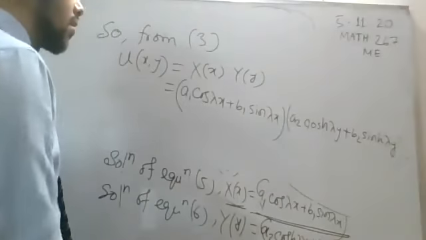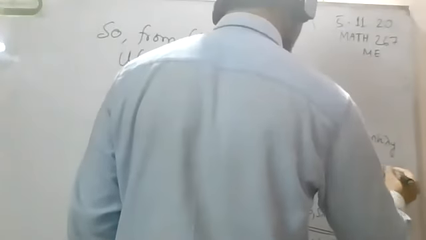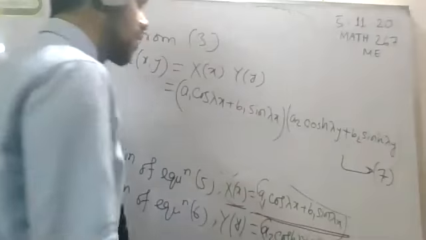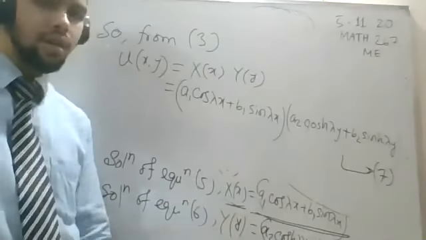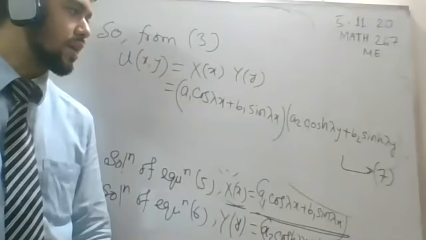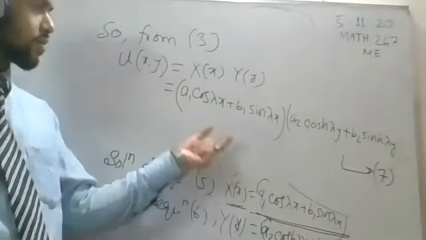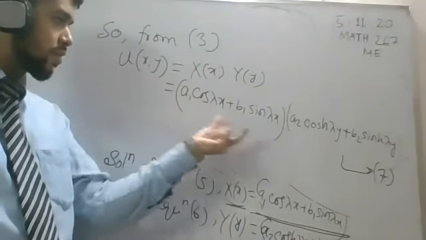This is it. Now just multiply these two things. This is equation 7. Okay, so here it is. Here is the required solution of your given problem. This is the general solution of your given problem. Okay, now you have to find out the actual solution from here by putting the constant values.